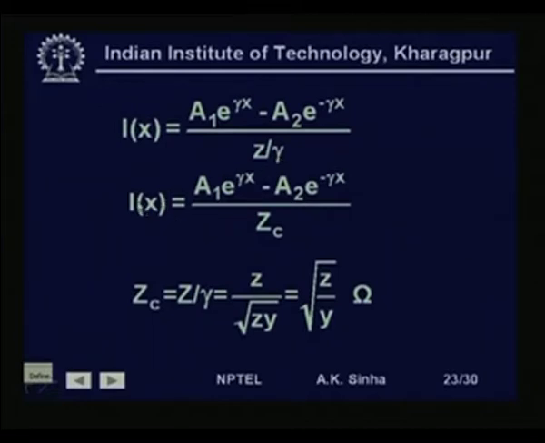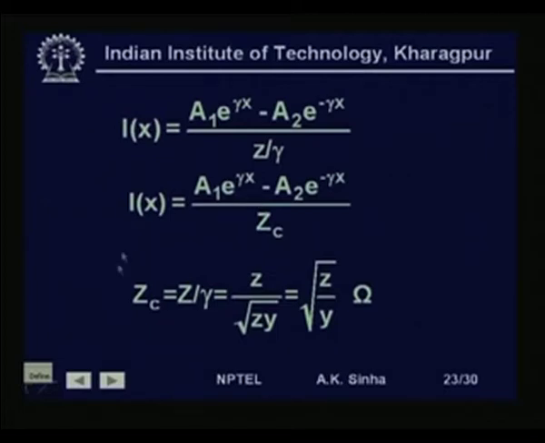Therefore, we can write I at x is equal to a1 e to the power gamma x minus a2 e to the power minus gamma x divided by Zc. Now, this term z by gamma, we are writing as Zc. Zc is called the characteristic impedance of the transmission line.